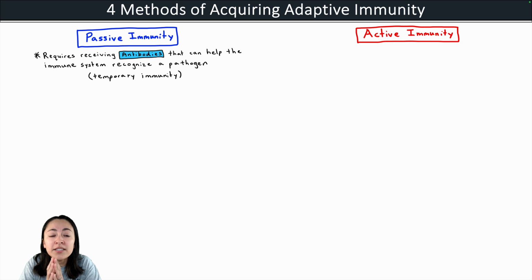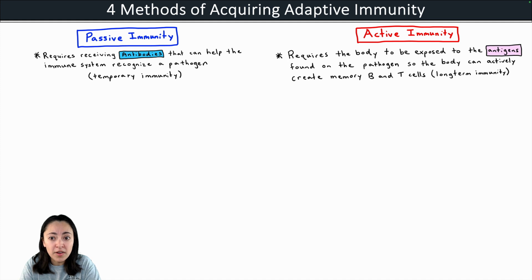This is only a temporary form of immunity because once those antibodies break down in our bodies, we will no longer have immunity against those specific pathogens. Active immunity, on the other hand, requires the body to be exposed to the antigens found on the pathogen. So it requires our body to be exposed to these foreign proteins known as antigens.